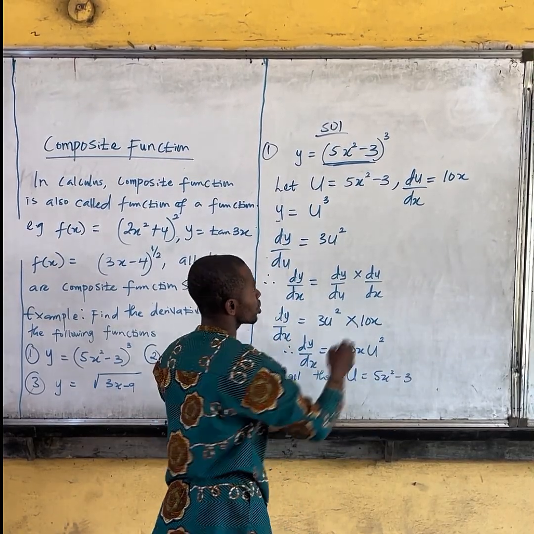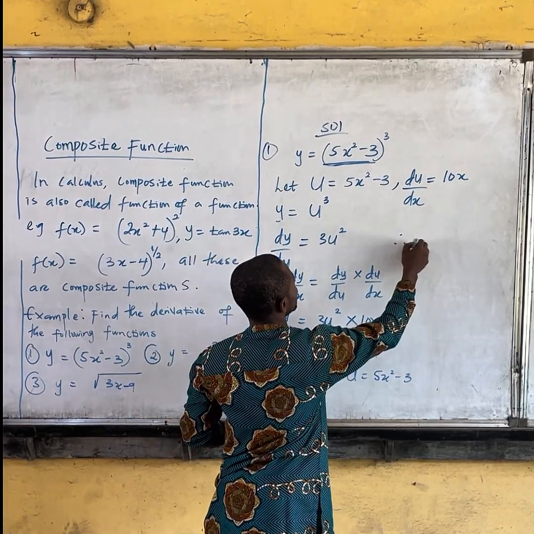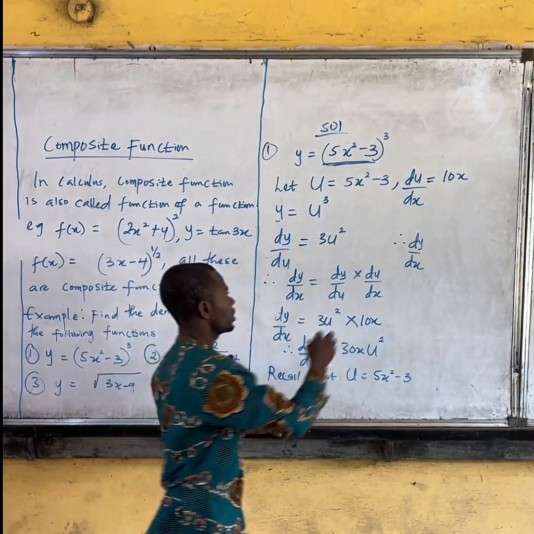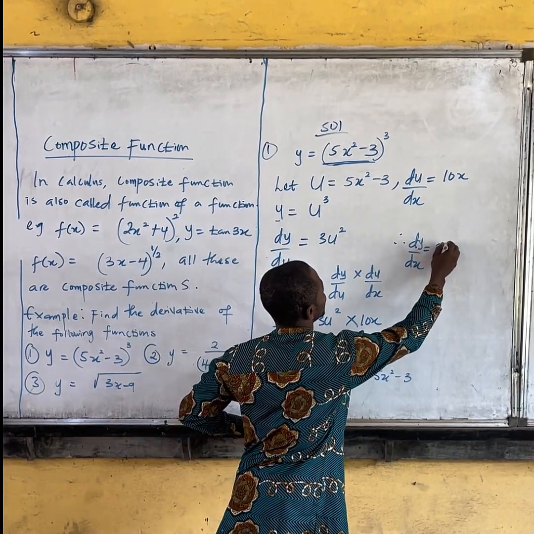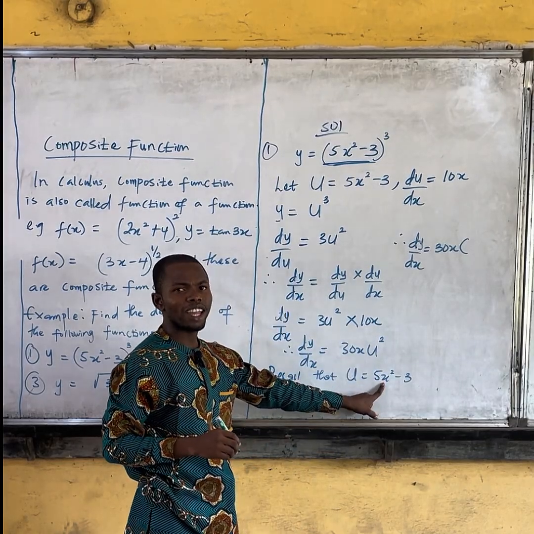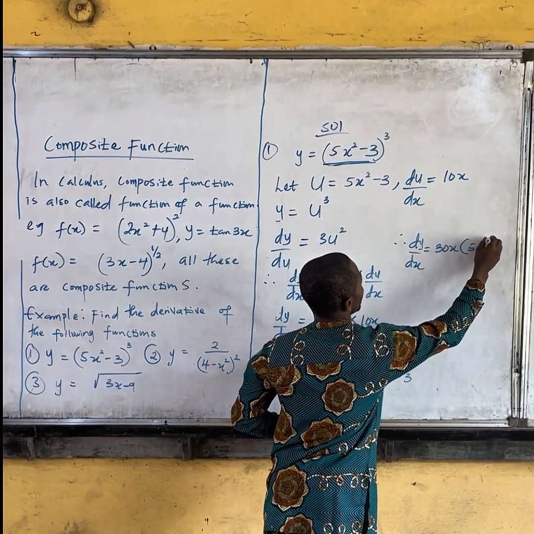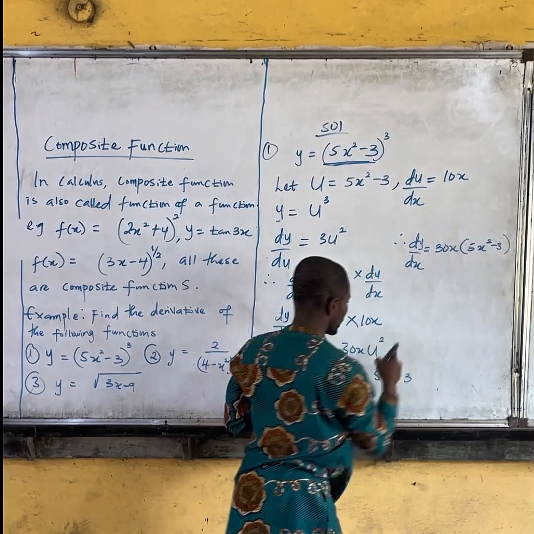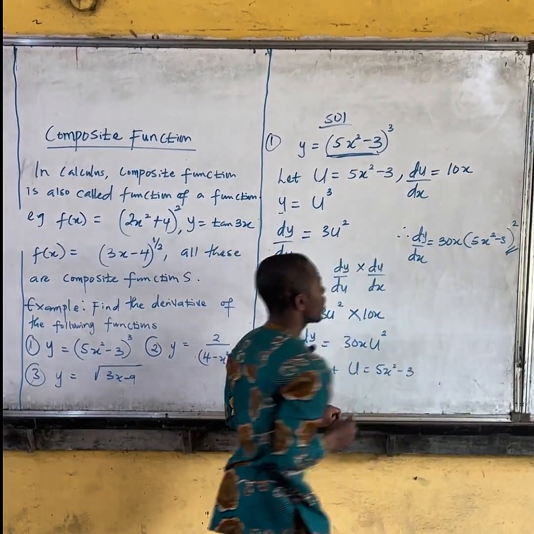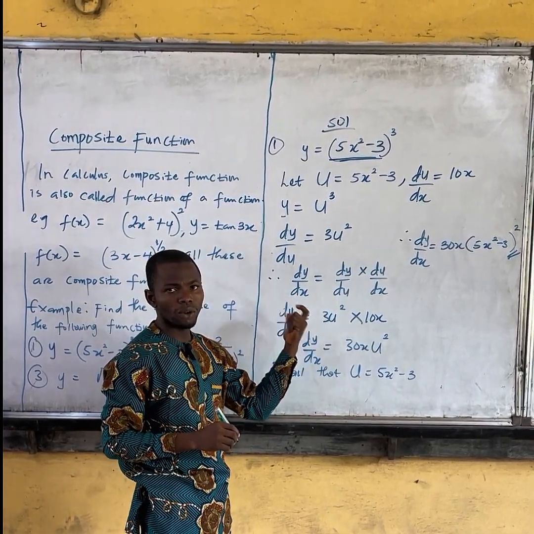So in conclusion, the final answer for dy over dx is equal to 30x bracket 5x squared minus 3, and there is a square here, all squared. That is the final answer for dy over dx for this composite function question.